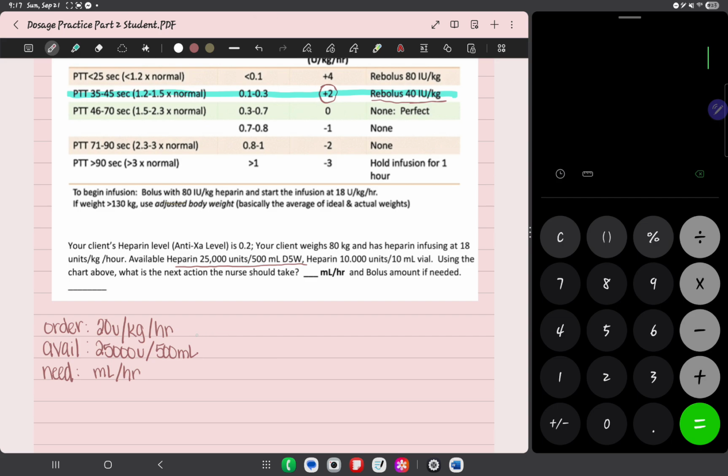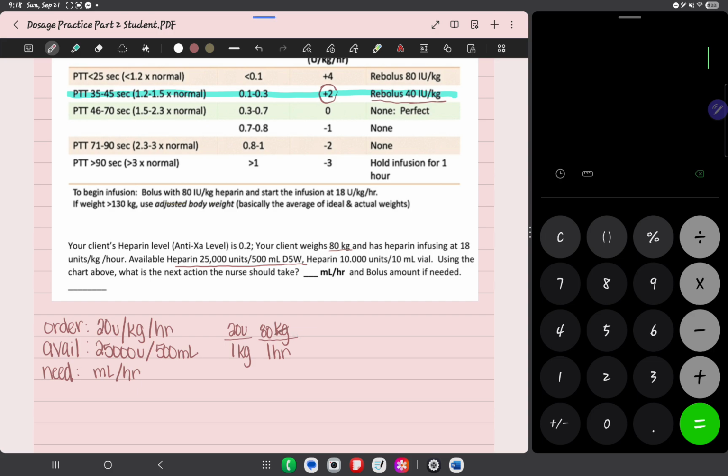So I'm just going to come over here and I'm going to do 20 units per kilogram. And then we need kilograms up here. And we know he weighs 80 kilograms. And we need kilograms per hour. So I'm going to put an hour here.